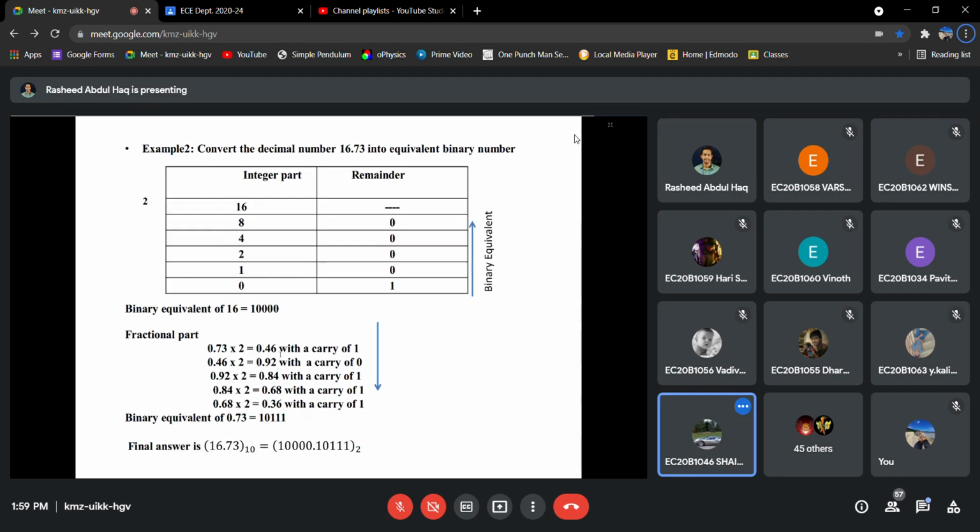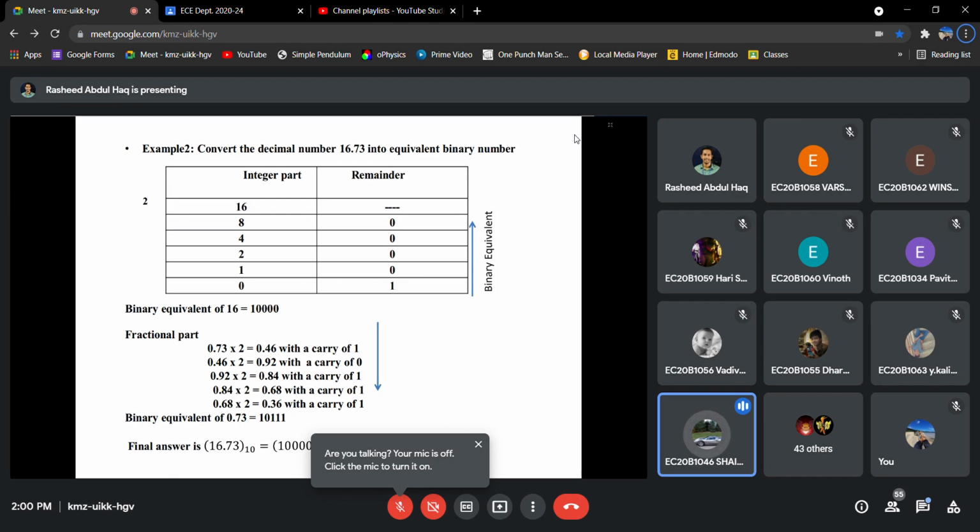Okay, ask. Yes, sir. Here in the decimal part after the point, we stopped with 0.36 now, sir. Why didn't we continue by multiplying it with 2? We get 0.72 carry 0 and again multiply with 2, carry 1. Why did we stop here, sir? That will not end, so we stop at some point.